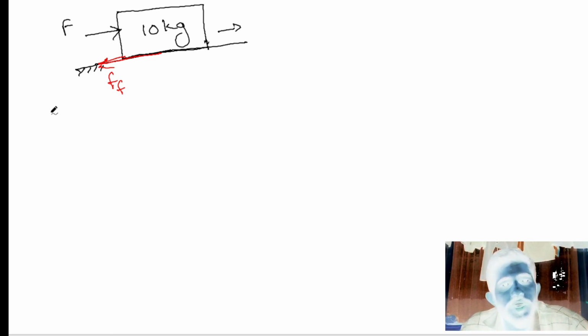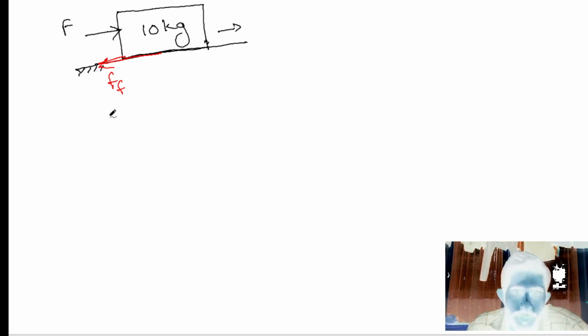For any surface, there will be a few tuberances, which means projections on the surface.